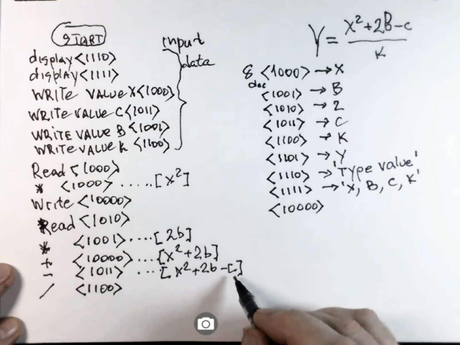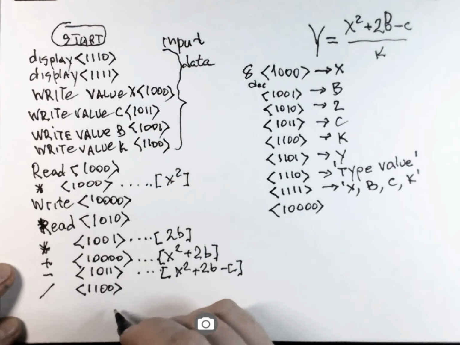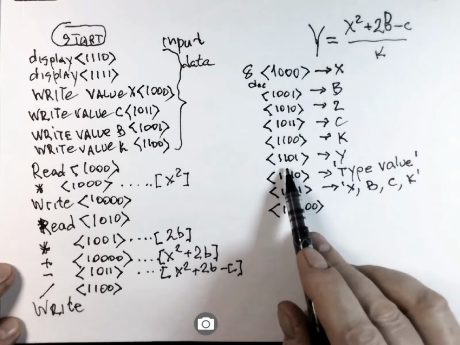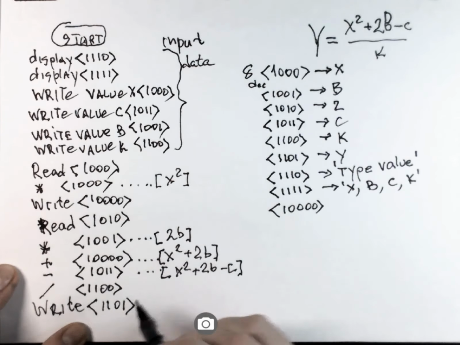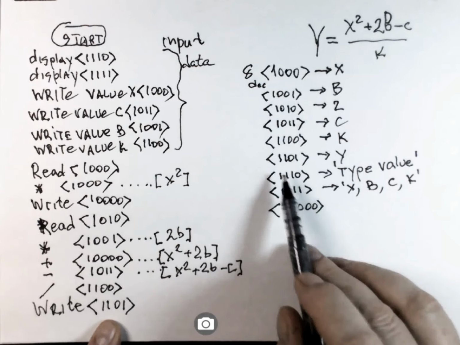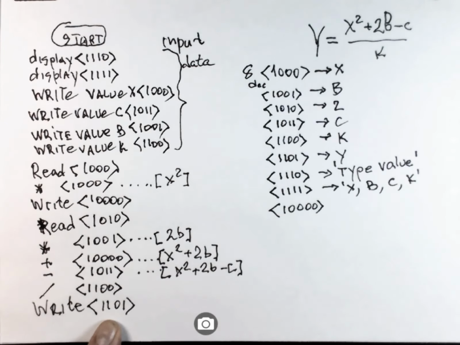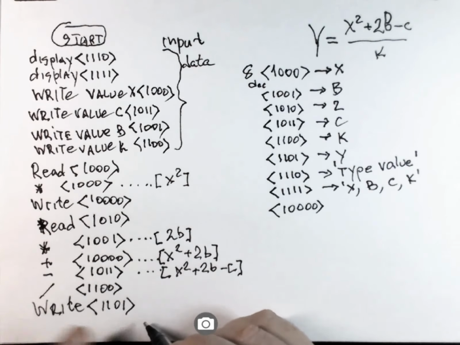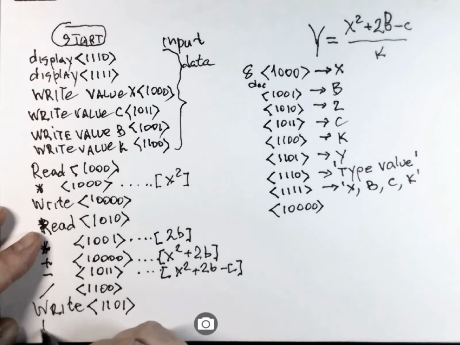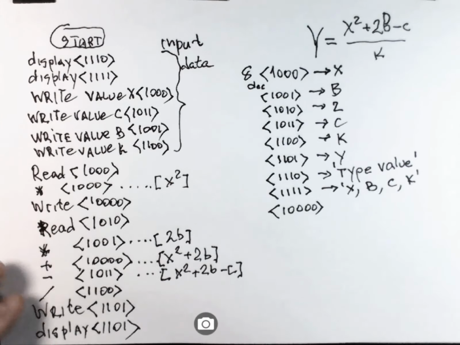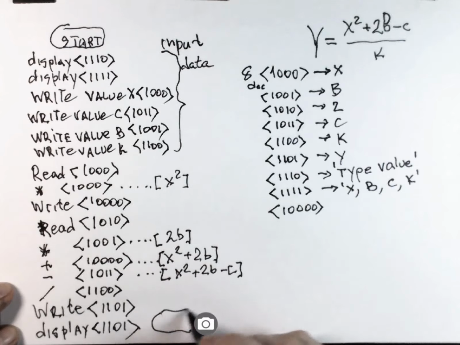So we calculated the formula, but what we need to do is put the result in Y. Where's Y? Write where? 1101. So we'll put the result of the entire formula in cell 1101, which is Y. Then we can go and display 1101, which is Y, and then stop.